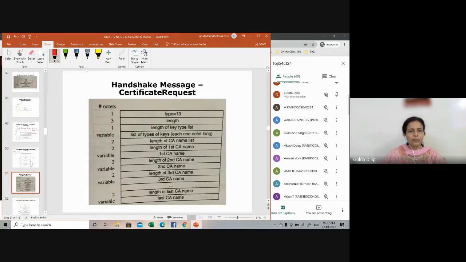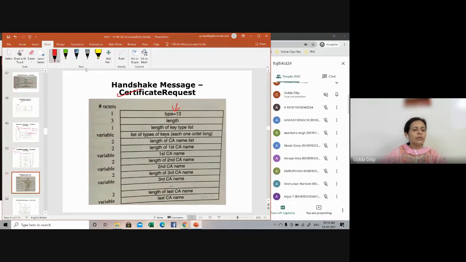Then we have the certificate request, in case a certificate is being requested. This will be sent by the server to request that the client send a certificate for authentication. You can see here type is equal to 13, but actually there are many key types.